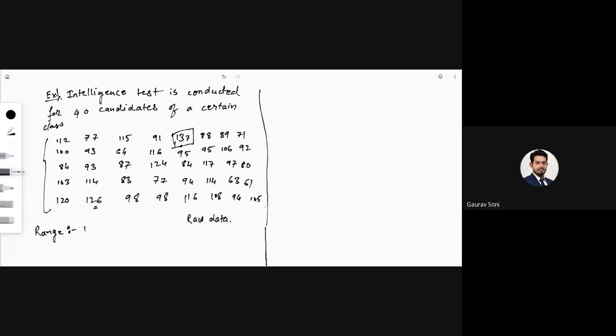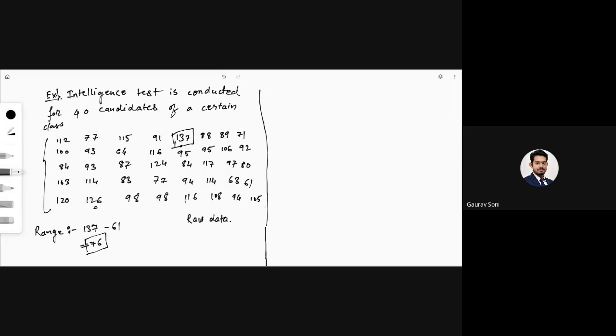So 137 minus 61, that will be 76. So this is the range.